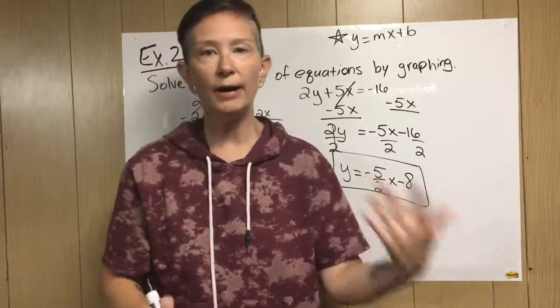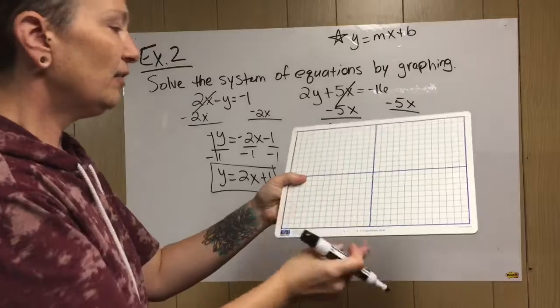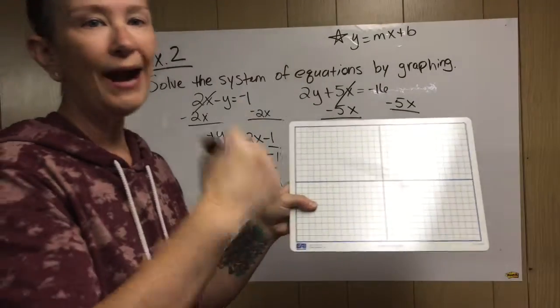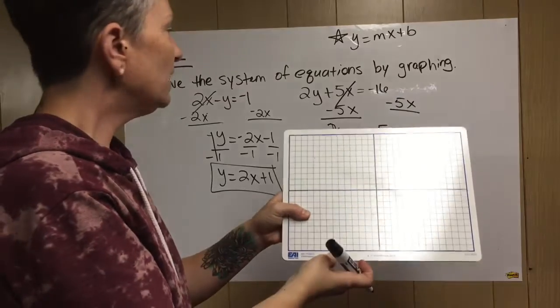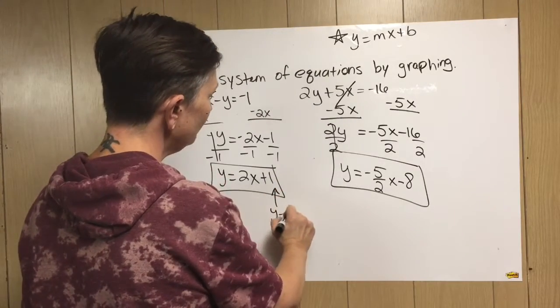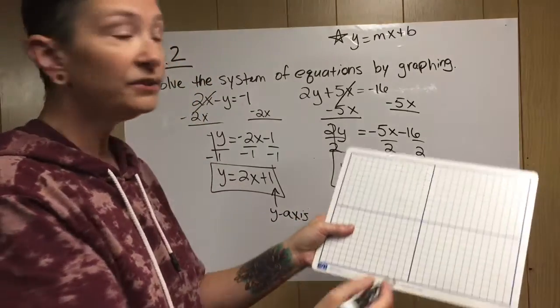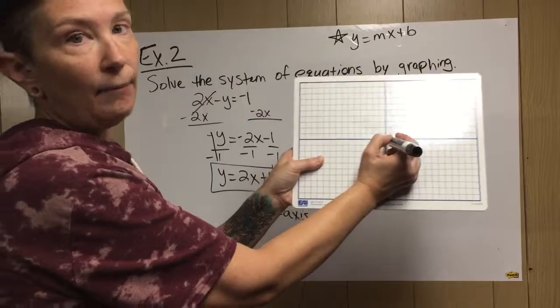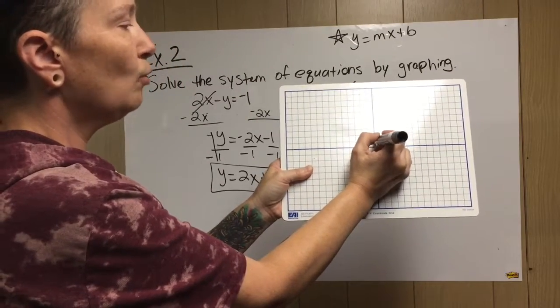Okay, I'm going to grab my grid, and then we're going to go ahead and graph both of these equations on the same coordinate plane. Now, my first point on the graph is that +1, because that's my y-intercept. So I'm going to start at my 0, 0 coordinate and go up 1 and put a point.